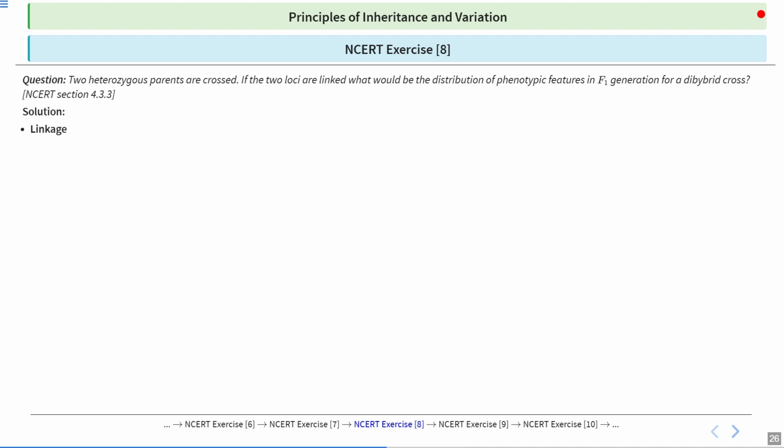So let's define linkage first. Linkage is defined as the coexistence of two or more genes in the same chromosome. So what happens when linkage occurs? For linkage, the two genes should be present on the same chromosome, and very near to each other.